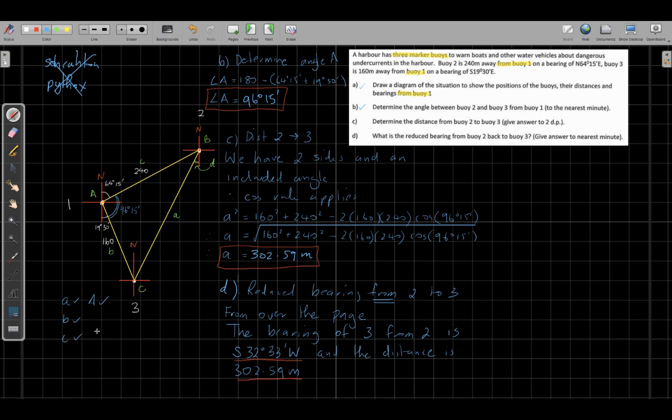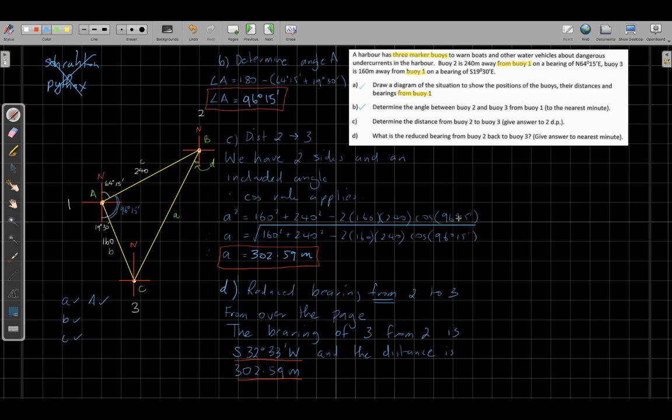We have C, tick. And A is included in B and C. It's an included angle. So we're going to use a squared equals b squared plus c squared minus 2bc cos A. Right, so here's a summary. Distance from 2 to 3, we have two sides and an included angle. Therefore, the cosine rule applies.